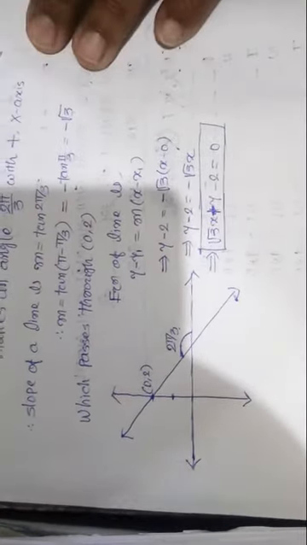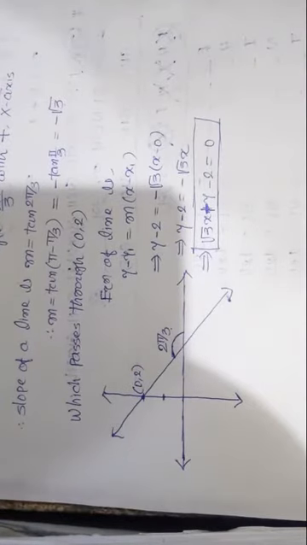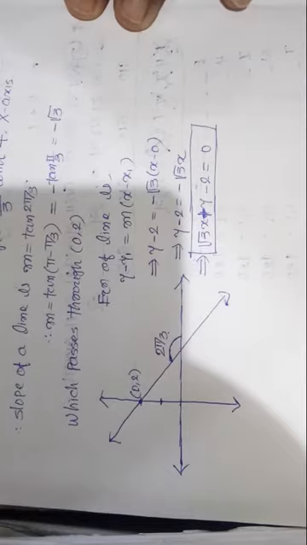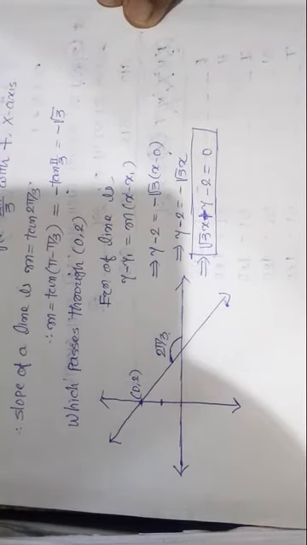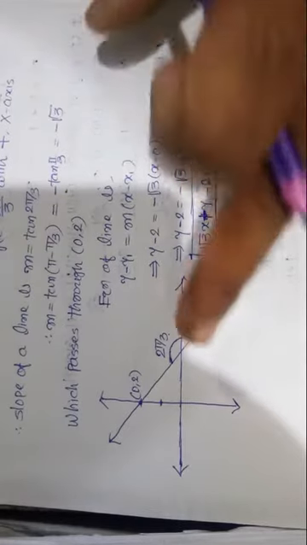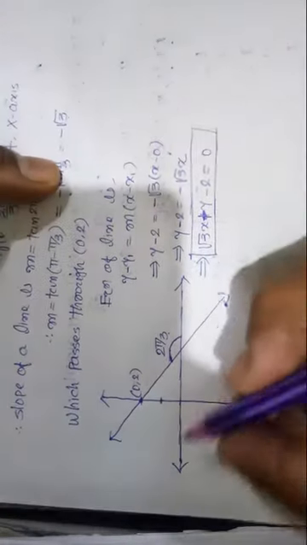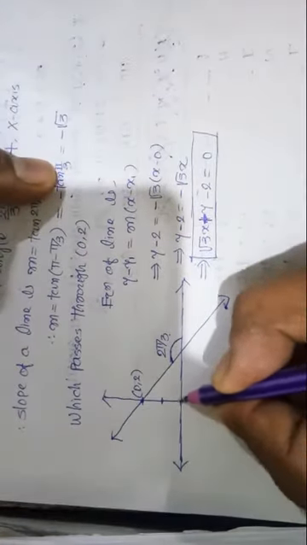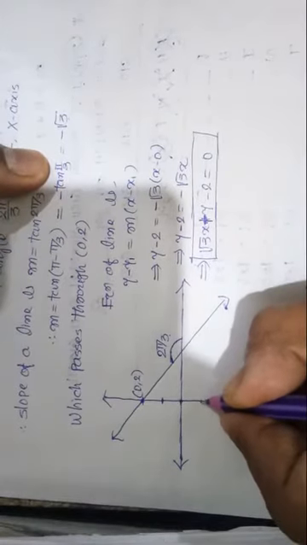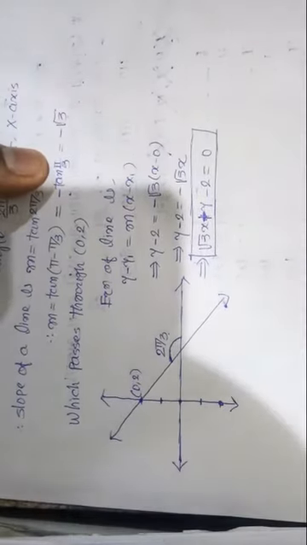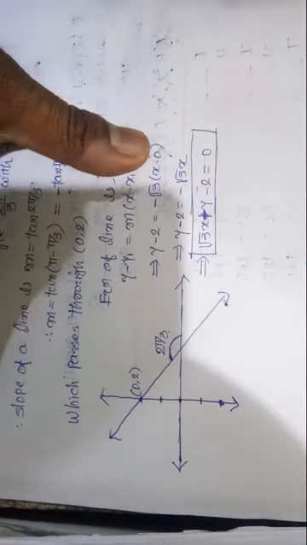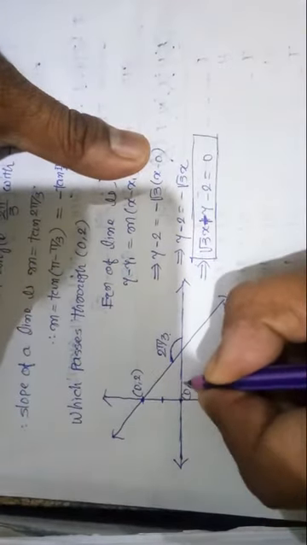Now, another question: find the equation of a line which is parallel to it and passing through a point 2 distance below the origin on the y-axis. Here is the origin, and 2 distance below the origin is given. It means from the origin this distance is 2.